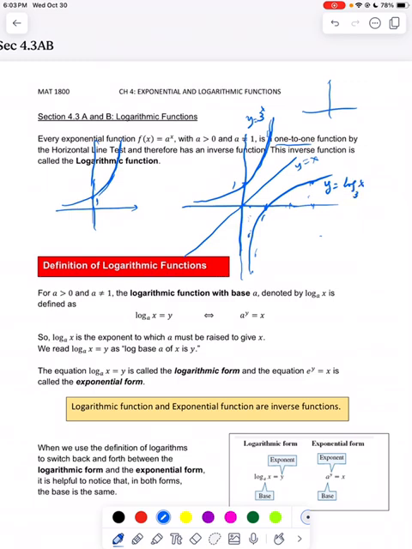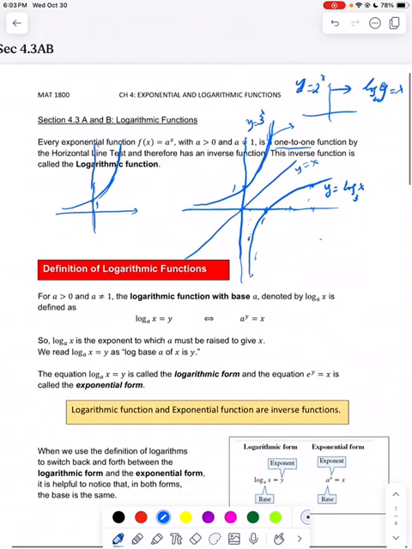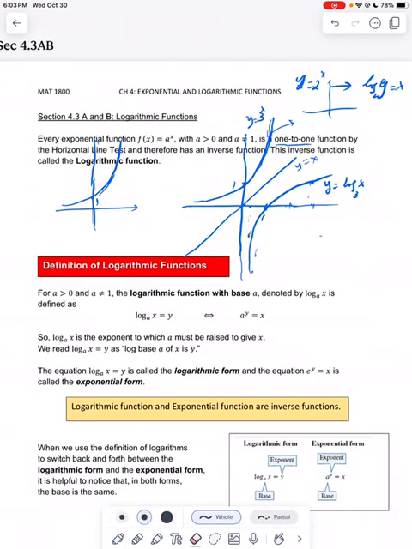Now if this is y is equal to 2 to the x, then the corresponding logarithmic function is going to be log base 2 of x.